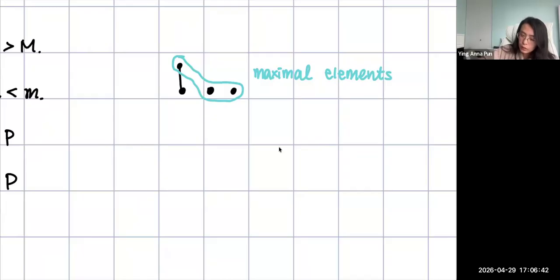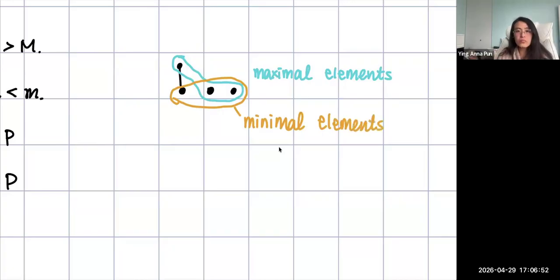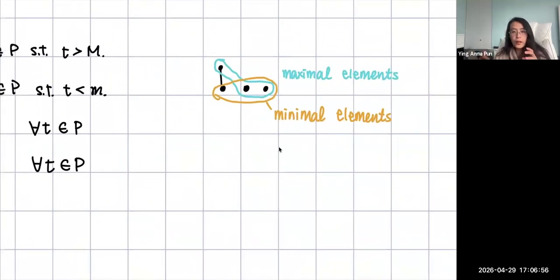And then these guys are minimal elements because nothing is below them. So they are the bottom. But you don't find somebody that can compare with everyone. So that's no maximum and no minimum element.